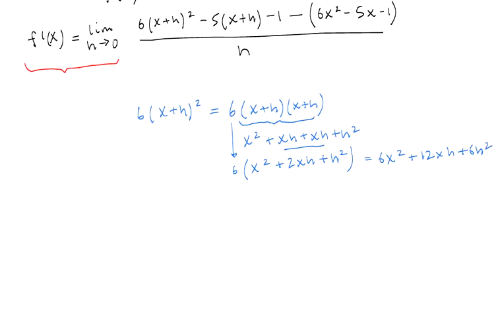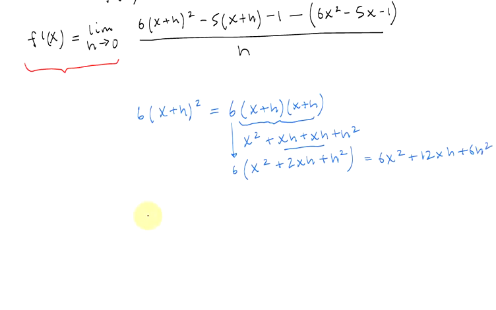So after all that, we've basically just figured out this first part here. So I'm going to go back to the original formula here. So 6(x plus h) squared expands to be 6x squared plus 12xh plus 6h squared.